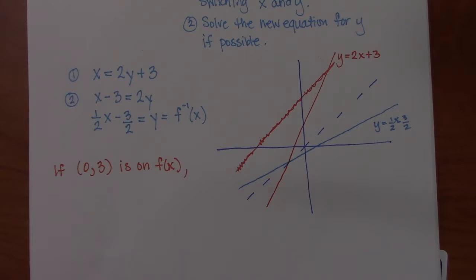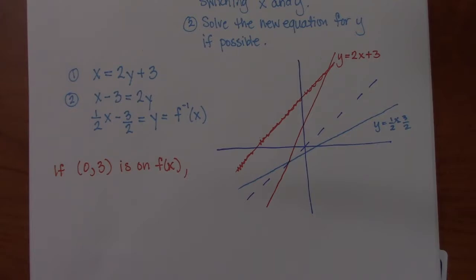It's the y-intercept. Well, what was the very first thing we did in the algebra before we came up with the equation? What did we say the inverse does? It swaps the x's and y's, right? So if 0 goes into f of x and 3 comes out, then the inverse function means if you plug 3 in, 0 comes out.